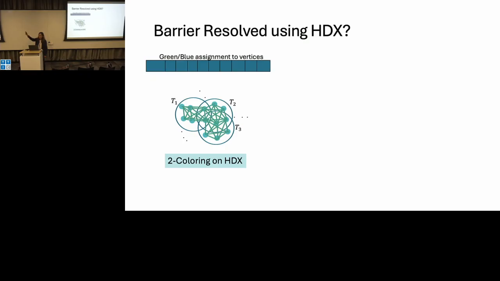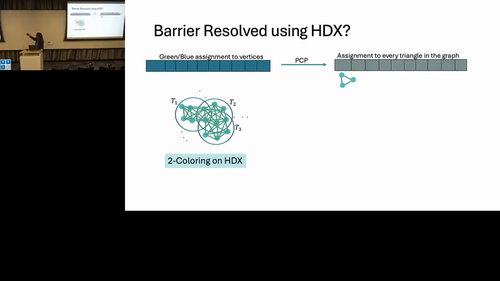So let's consider a two coloring problem on HDX. Fix this graph now. We are thinking of just the usual graphs that come from the HDX. If you ask the prover to give you an assignment to every triangle in this graph, it can no longer do this consistently, because triangles are not two colorable.